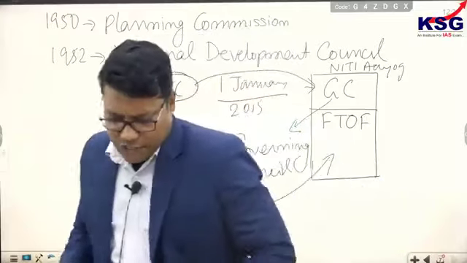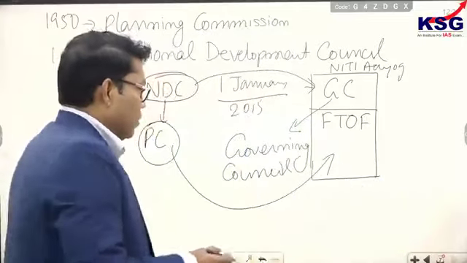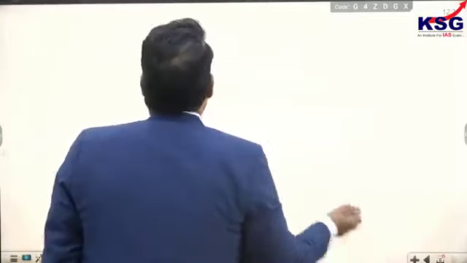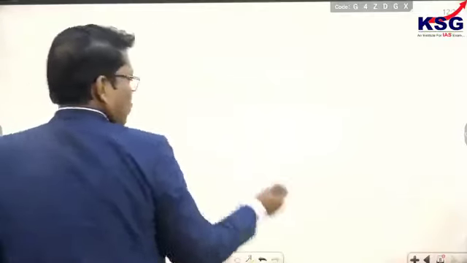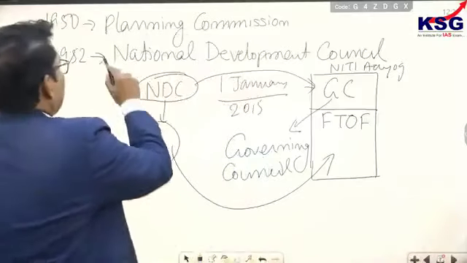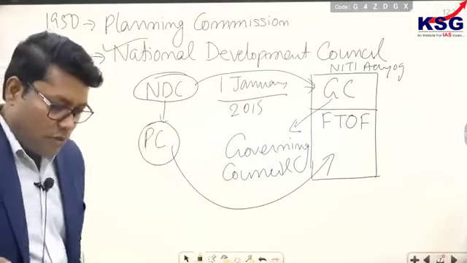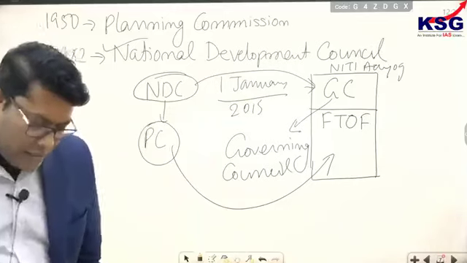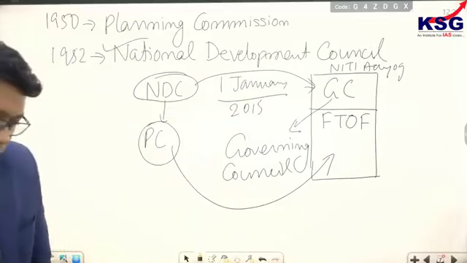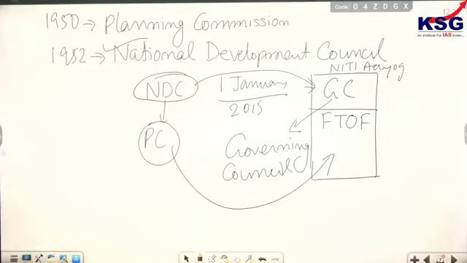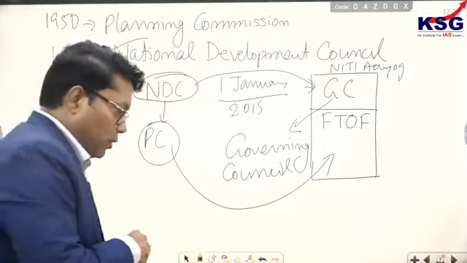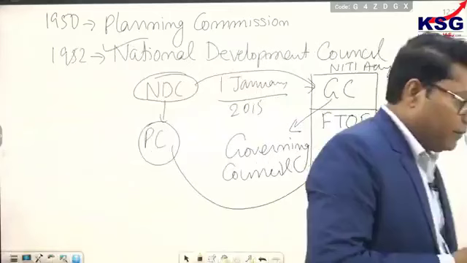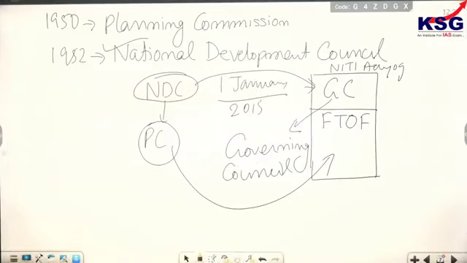Next one is the National Development Council. After this, you can write NDC. Few lines only. The National Development Council was not a constitutional body. Again, it came out of a resolution of the government.